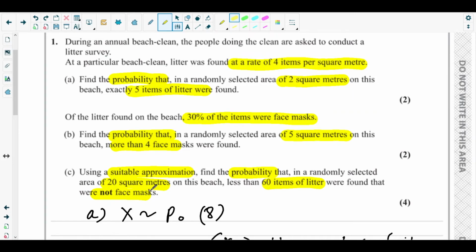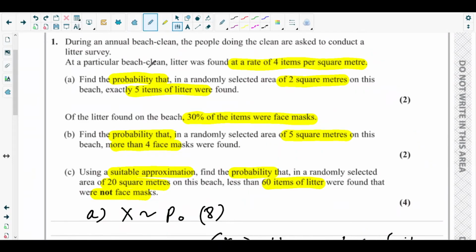We will consider the approximation later, because at the beginning we need to do some other work. Finding face masks was 30% in part B, so not face masks is 0.7, that is 70%, right?